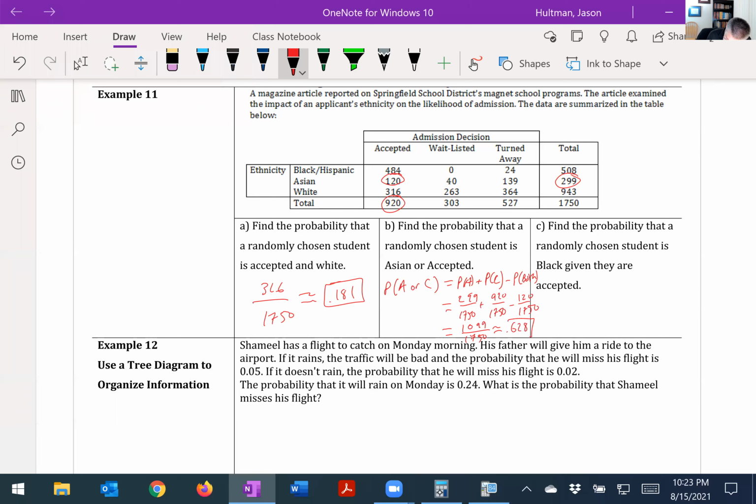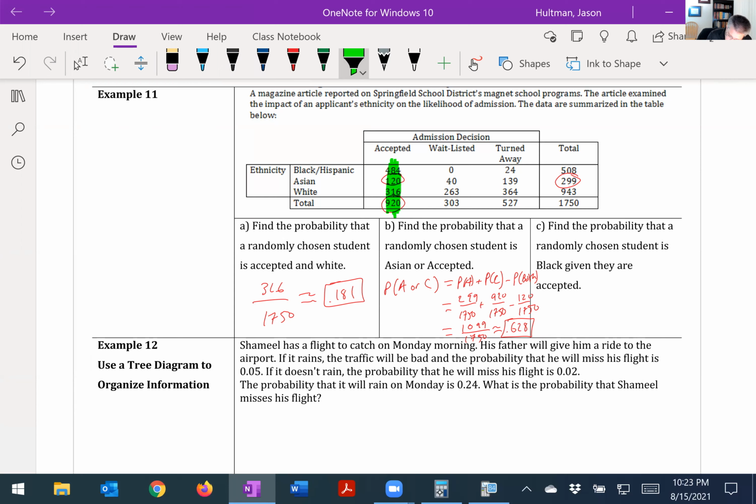0.628 comes out nicely. Okay, find the probability that the randomly chosen student is Black given they are accepted. Given that they are accepted, so we only look at the accepted column here.